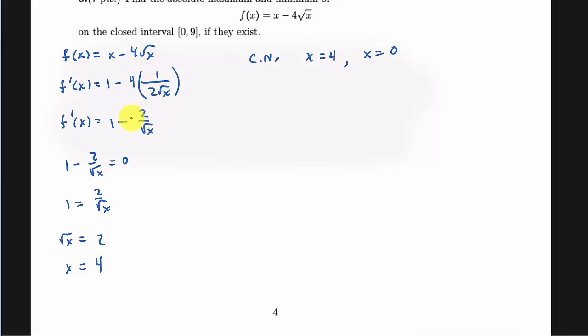And we can see f prime is undefined at 0, and it's also in the domain of f. Okay. And remember, we're on the interval 0 to 9.